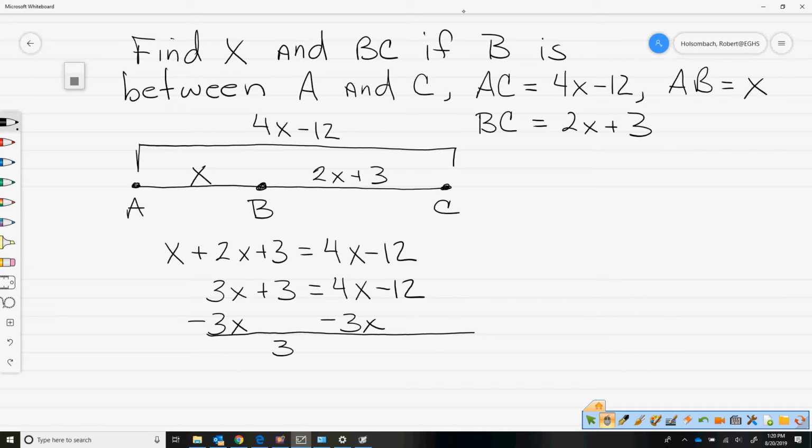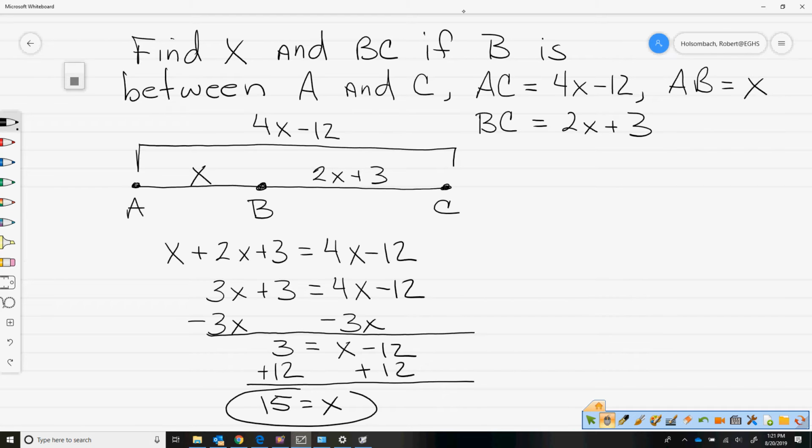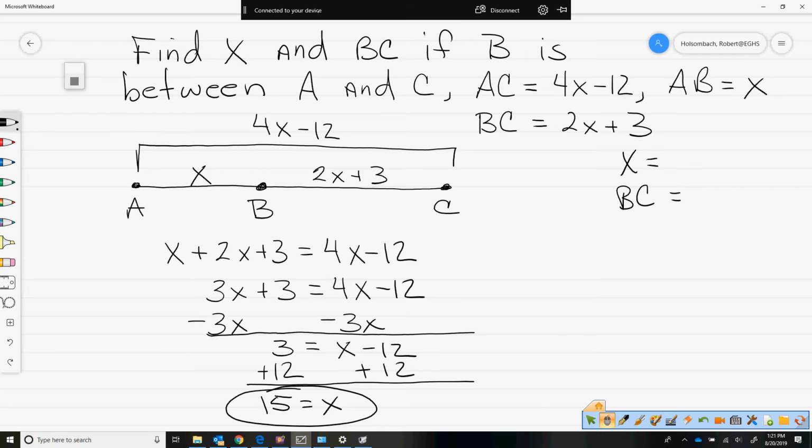So 3 equals x minus 12, and then you can add 12 to each side. So 15 equals x. So that was the first question that they asked. You need to find x, then you need BC, and that was it. All right. So x is equal to 15.